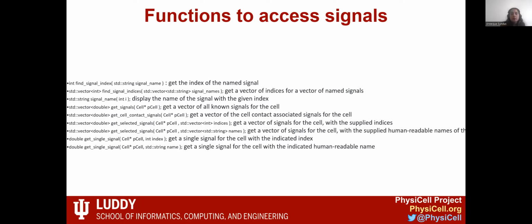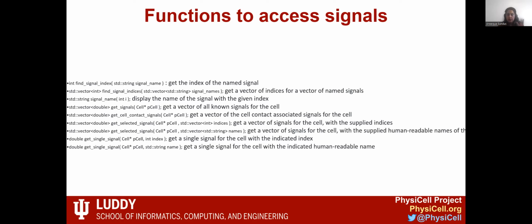So these are different ways we can access these signals, and we can get a single signal for each cell type. There's also a pointer to a phenotype, so we can give a cell type and it will return what signals are associated with it and what we are doing with it.